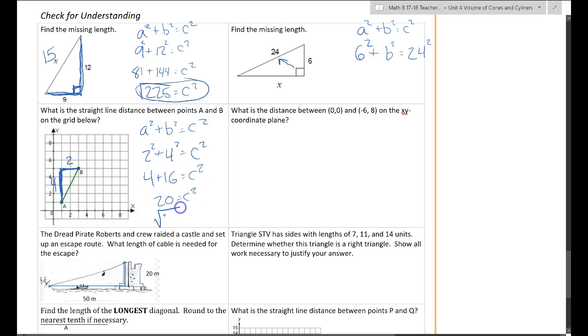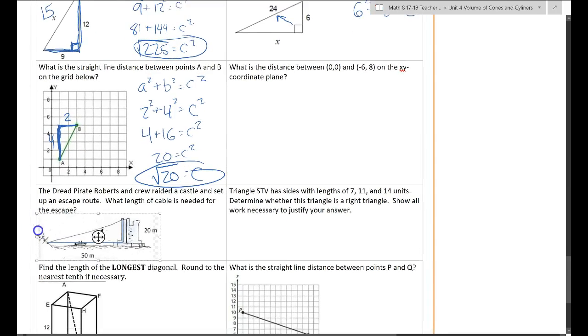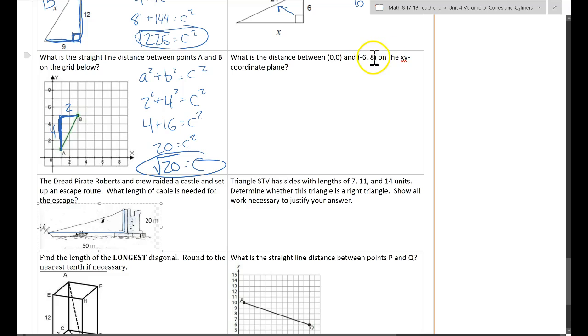So the distance of this is the square root of 20. Now I encourage you to go through the exact same things over here. You know how long each leg is. 8 squared plus 6 squared equals c squared.